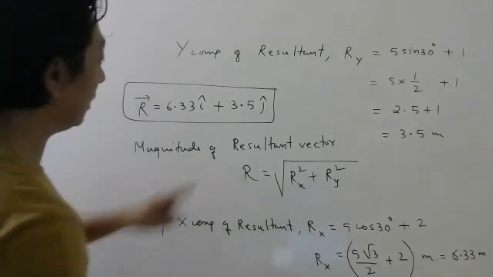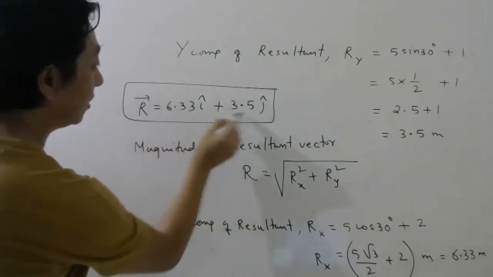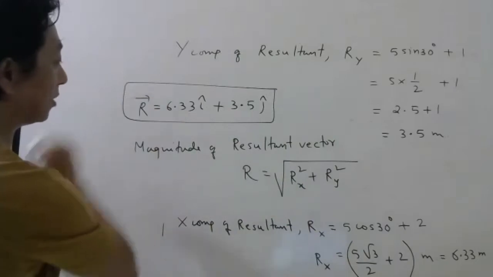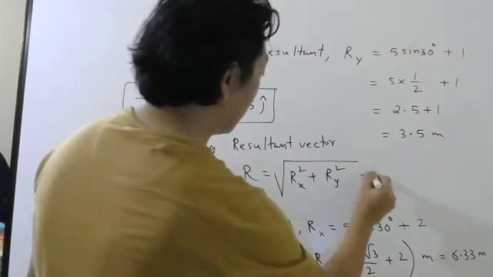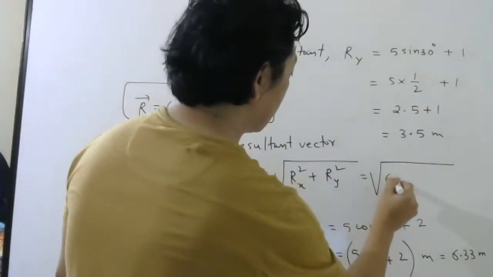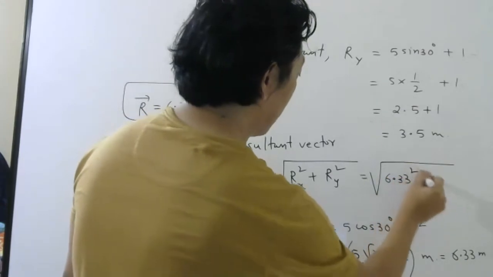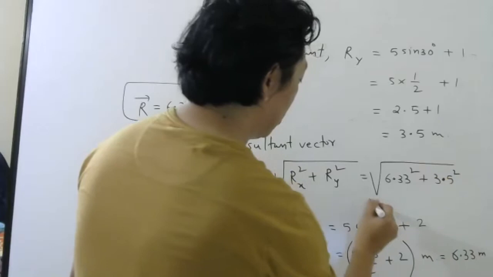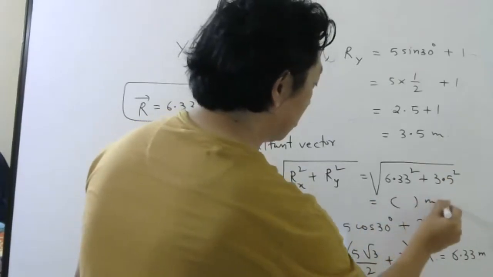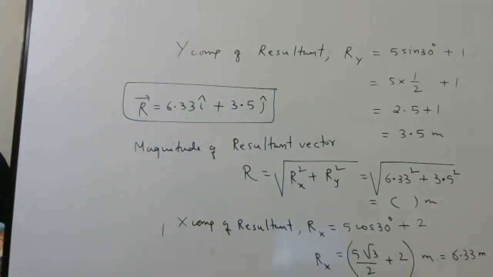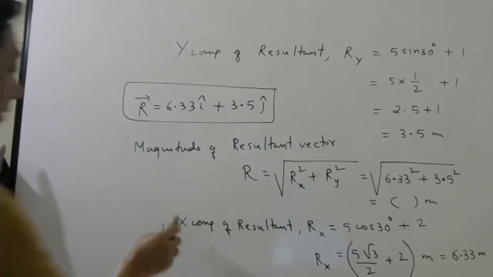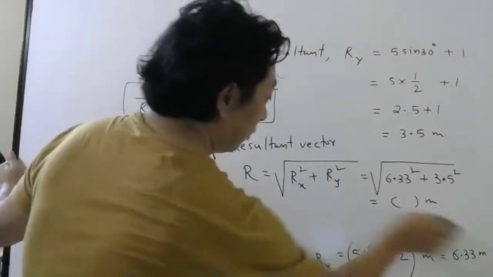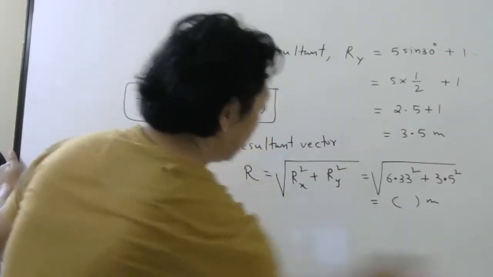So how to find magnitude if you know components? Root over x component square plus y component square. So root over 6.33 square plus 3.5 square. Use calculator, whatever answer comes, you write here. I will give you one example to practice now.